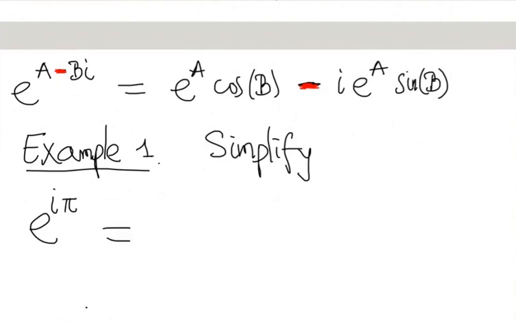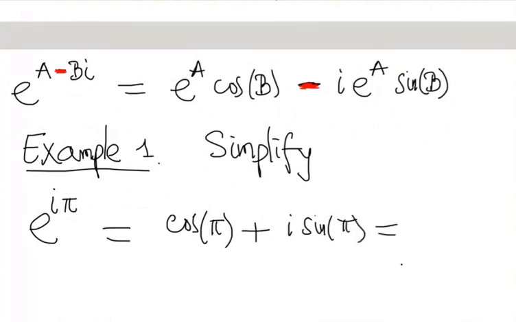Then by Euler's formula, we will have cosine of pi plus i sine of pi. But cosine of pi is -1, and sine of pi is 0. So we have -1 plus i times 0, which is the same as -1.